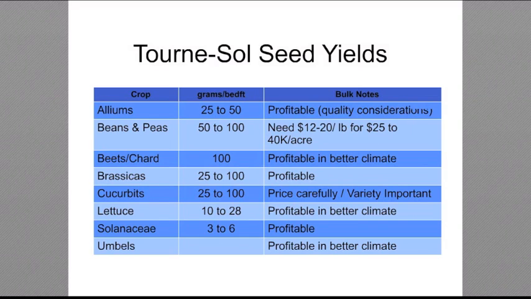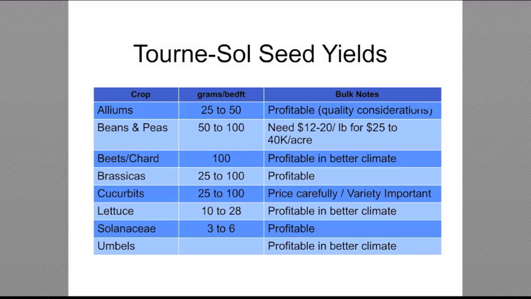And then cucurbits are another crop where we need to get a good enough price to make it profitable. However, some of the really common varieties are easily available for low prices, so if you can't get a good price for it, it's not worth it on a bulk level.